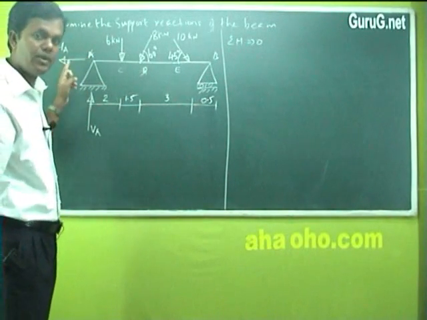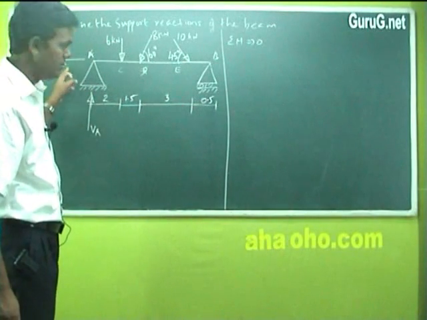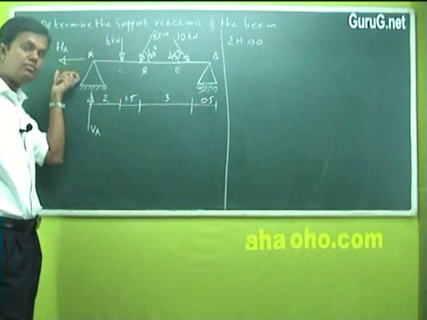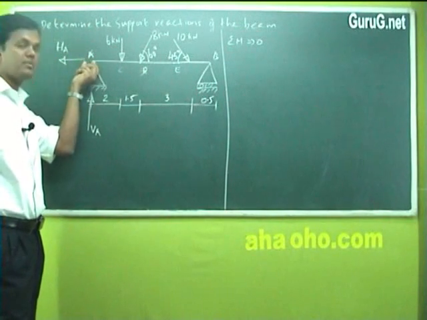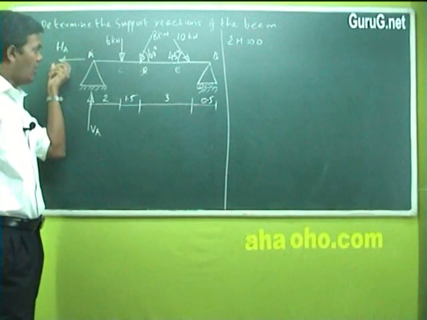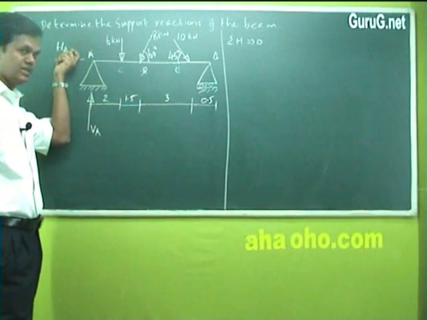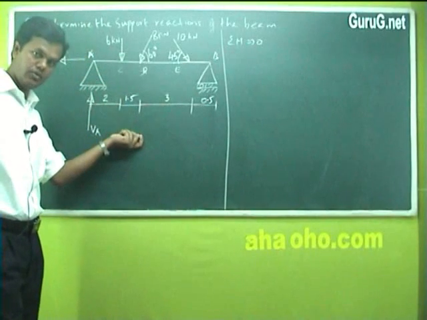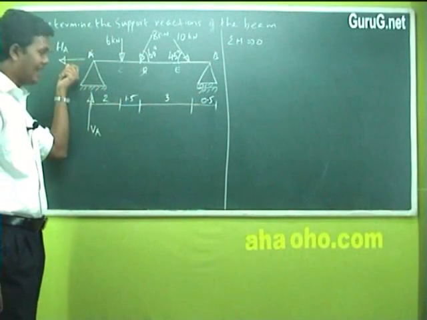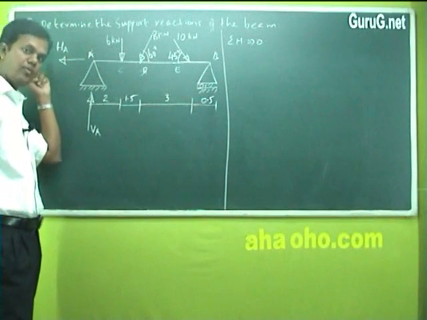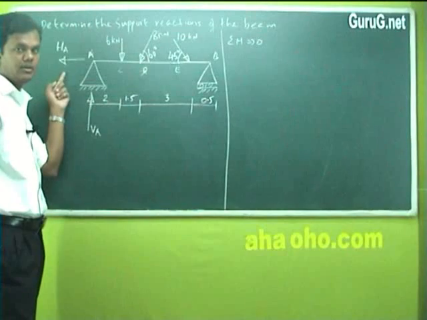And I told you the reason why we are writing this in the previous problem. Because the horizontal reaction is assumed to be acting outward from the point, but after solving for the reaction, if the value of HA is positive, you should treat it as such. That means it is acting away from the body, and the assumption we made is correct.